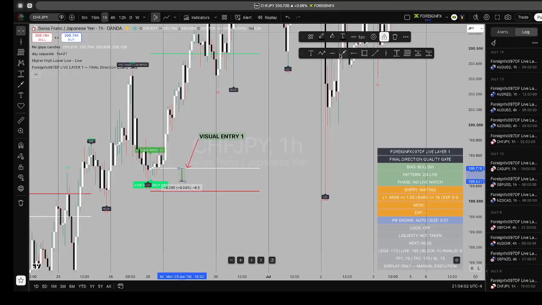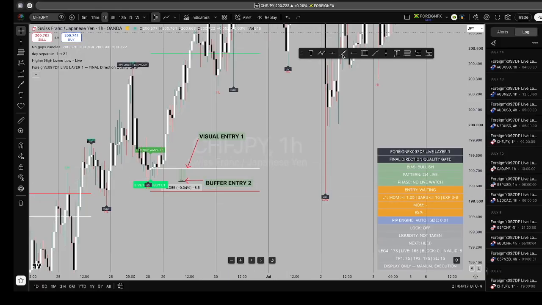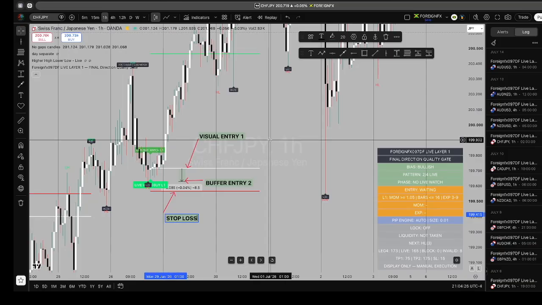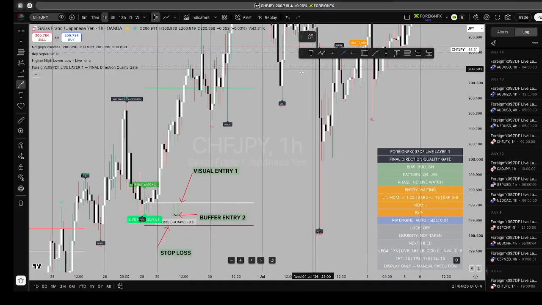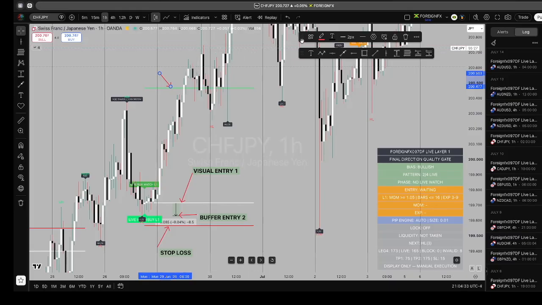Let's lock that. And then this would be our buffer entry 2. The red line would be our stop loss, and the green line would be our exit profit.